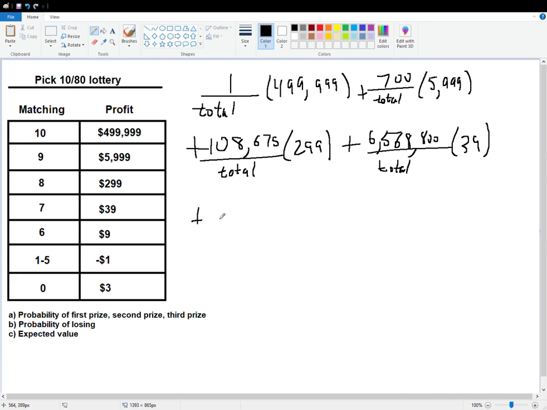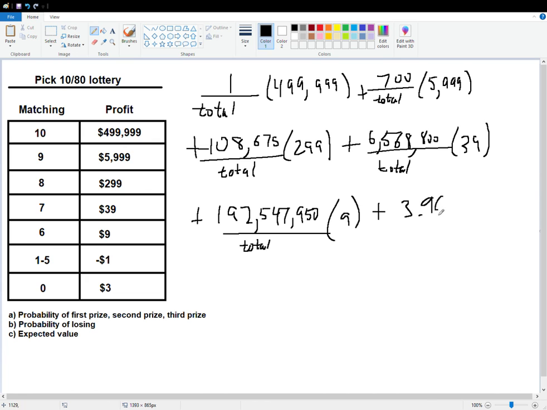Now we're going to do 6 matching, which was 192,547,950 over the total. And the value for that is $9 that we profit, plus 0 matching now. We had that as 3.967, not 969, sorry about that earlier, times 10 to the 11th over 1.64. I'll just keep this as total as well.